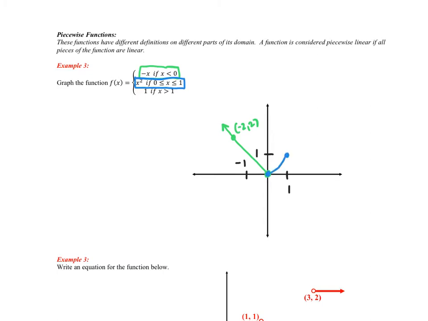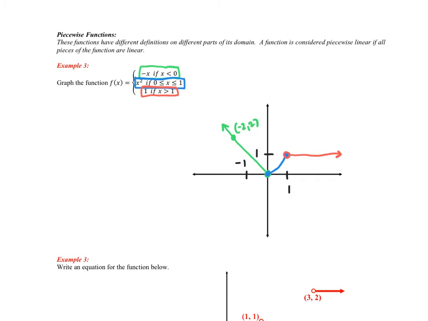Therefore, that portion is a quadratic, again including 0 and 1 at that point. All right, and the last portion of the piecewise for f of x is 1 when x is greater than 1. So I'll have an open circle at 1 and a horizontal line headed off to infinity. That would be the graph of f of x.